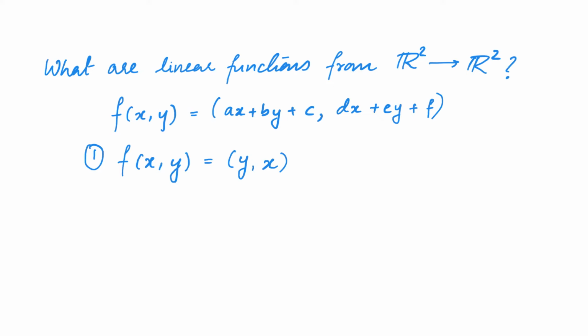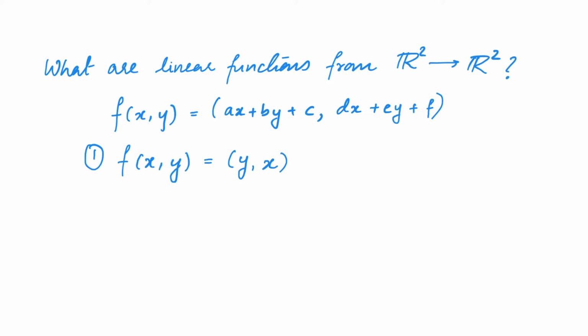So this is a linear function by the definition that we just wrote. Now let's try to see if this has anything to do with lines. To do this, we will look at some lines and see what happens to those lines.